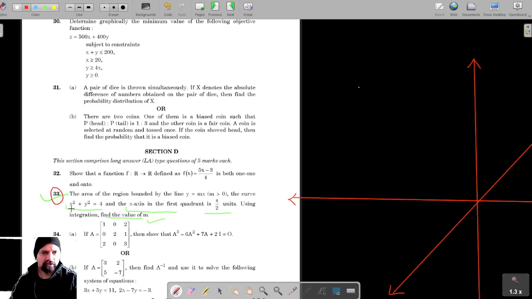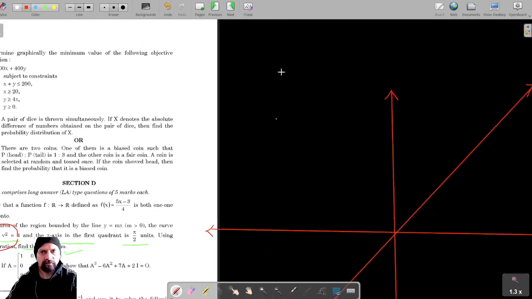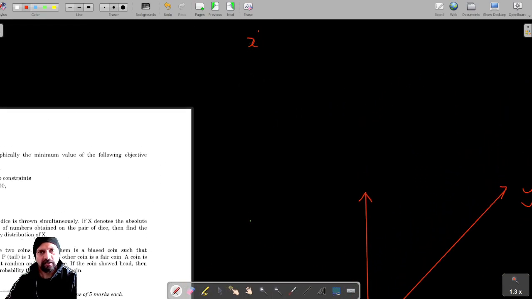And the next is the equation of the curve x square plus y square is equal to 4, which is the equation of a circle with center at the origin. We know that the standard equation of the circle is x minus h the whole square plus y minus k the whole square is equal to r square.